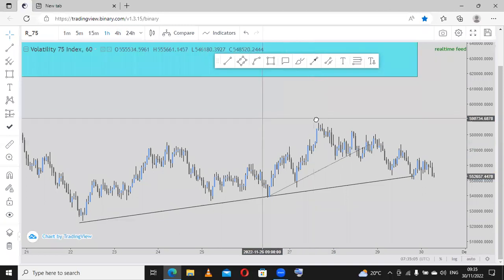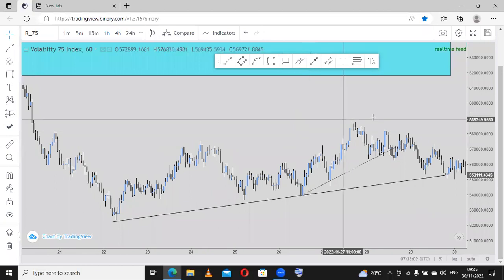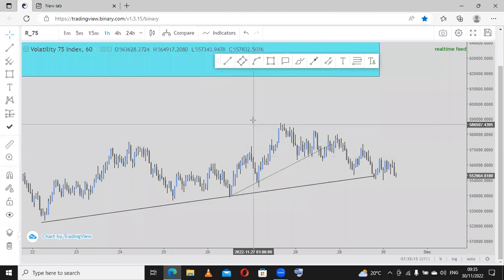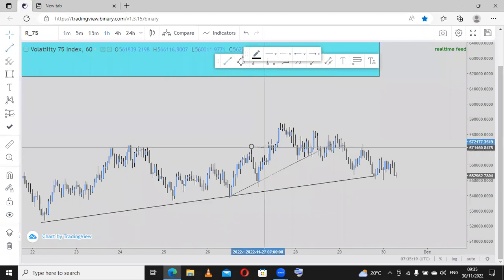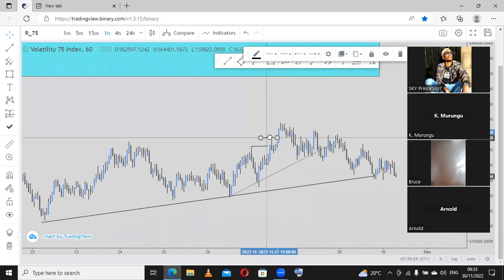So now this is where we are, right? Taking all things into consideration, price was moving higher low, higher, breaking the higher structure, right? So now price broke the structure here, this one, and also it broke this one.